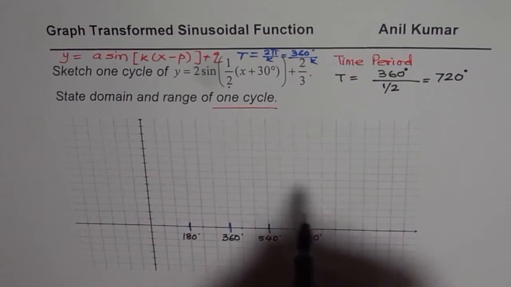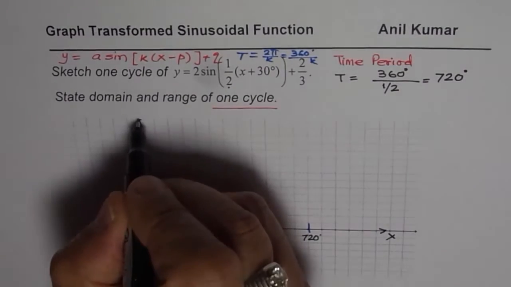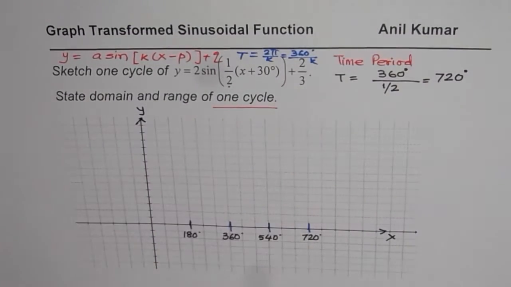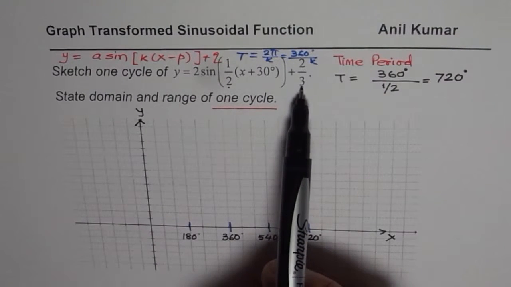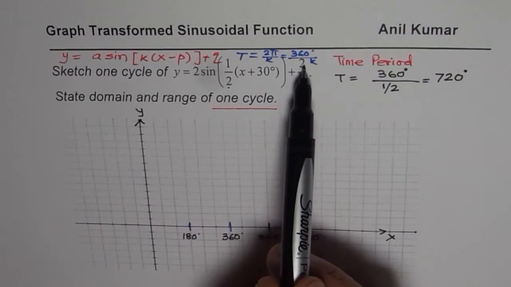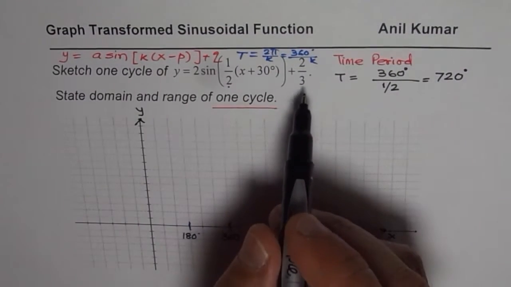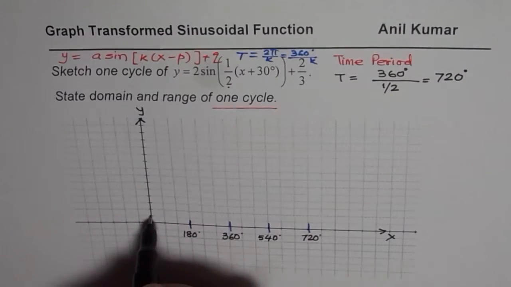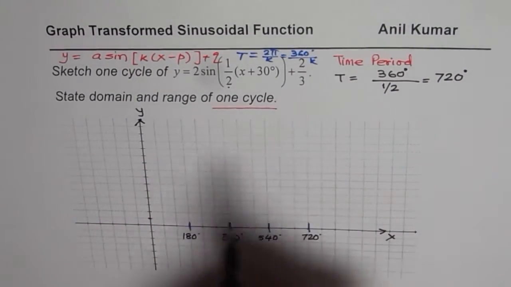So let me say this is my x-axis, the independent variable x. On the y-axis, we need to take care of the amplitude and the vertical translation, which in this case is 2 over 3. So each division should be at least 1 over 3, so that we can easily count 1 over 3, 2 over 3 and so on.